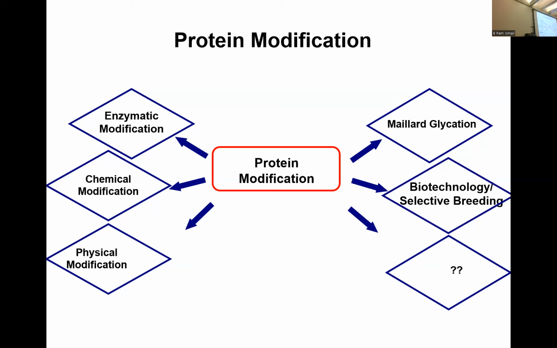With physical modification, you can hydrolyze, you can form bonds, polymerize. It's under the category of physical. Physical means you use physical means to modify, to break bonds. You use chemical means to modify, you use enzymatic means to modify. Is that clear?